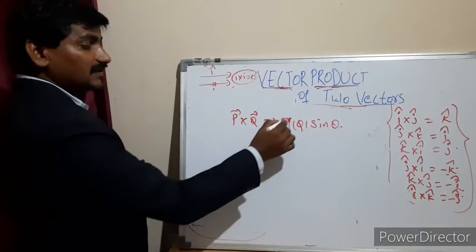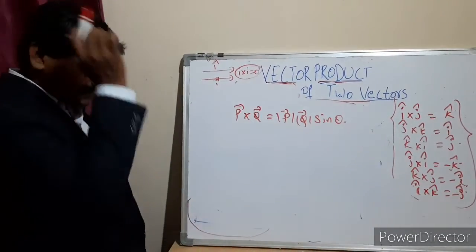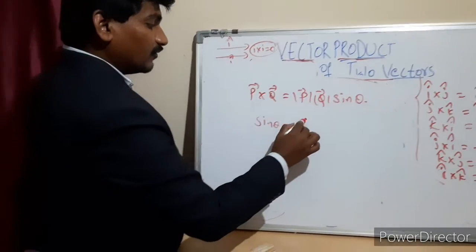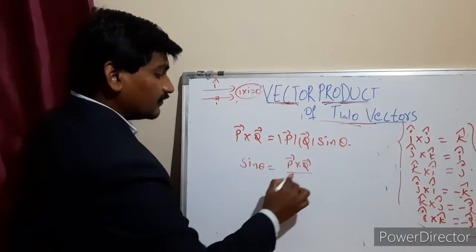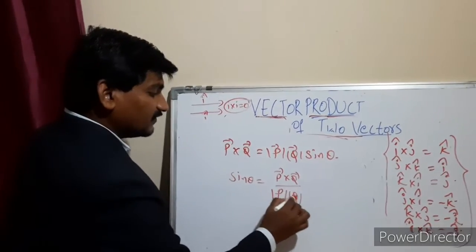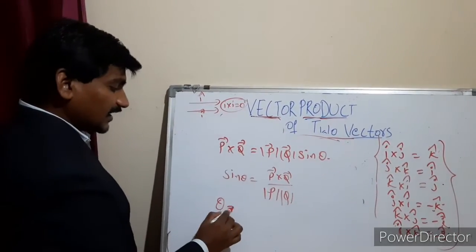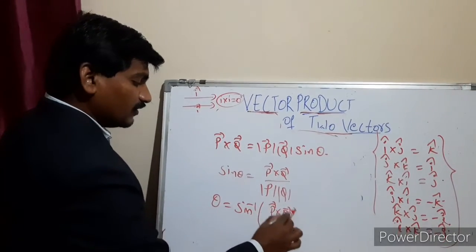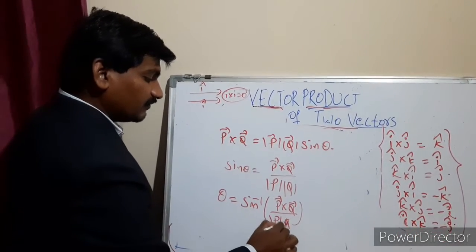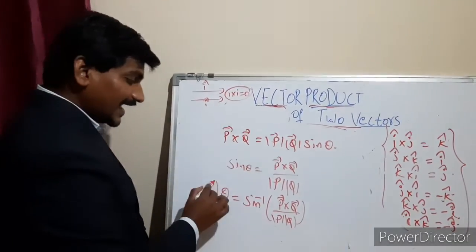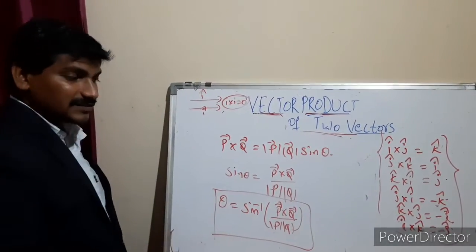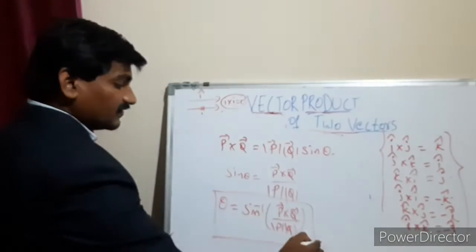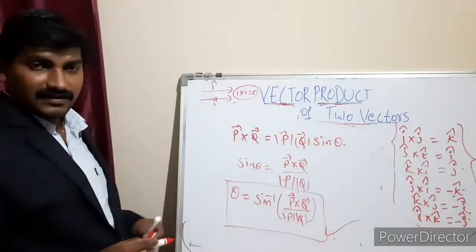So if you want to find the angle, sine theta equals P cross Q by modulus of P and modulus of Q. So theta equals sine inverse of P cross Q by modulus of P and Q. This is the angle between the two vectors in the cross product, and we can use this as the angle.